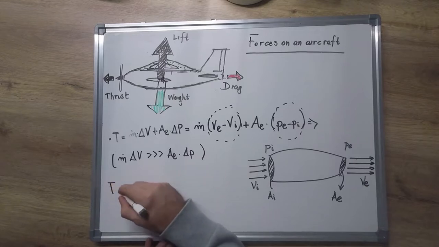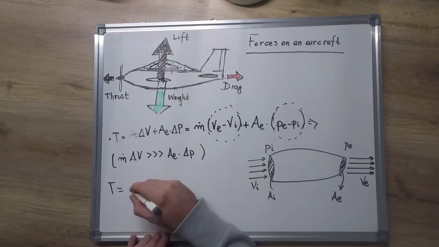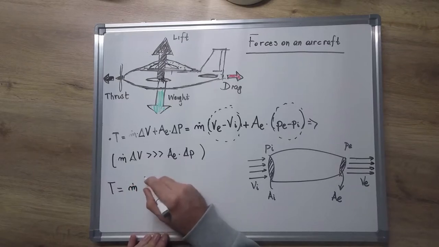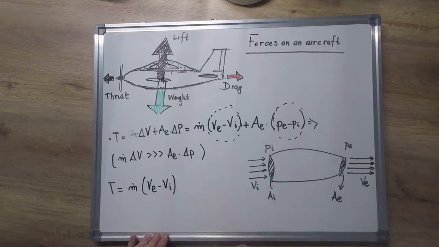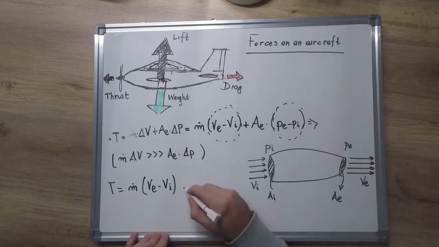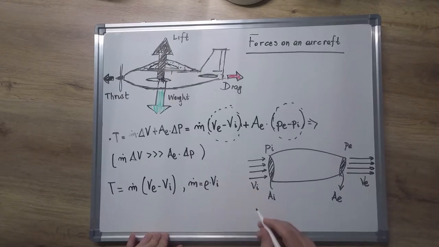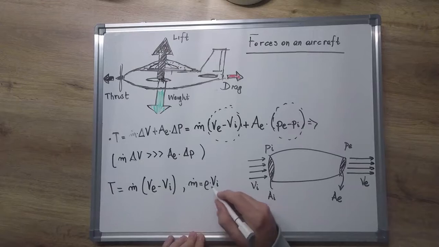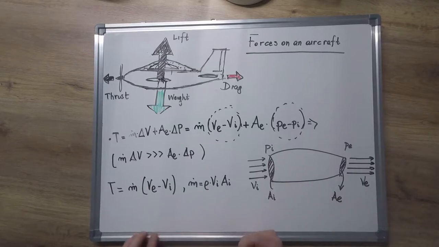So finally we can say that the thrust of an engine is the mass flow multiplied by the change in speed that the engine creates. Of course, the mass flow is the density of the air multiplied by the inlet velocity, multiplied by the area of the surface of the inlet.